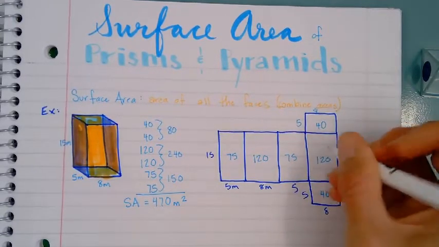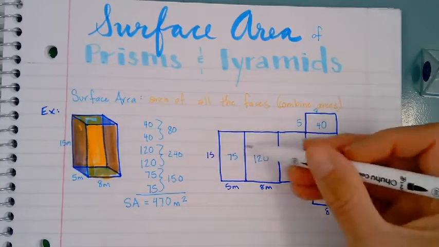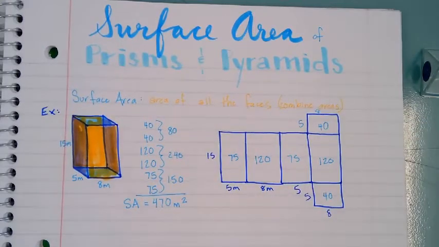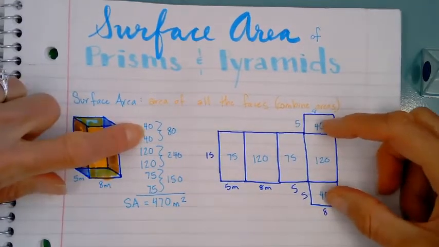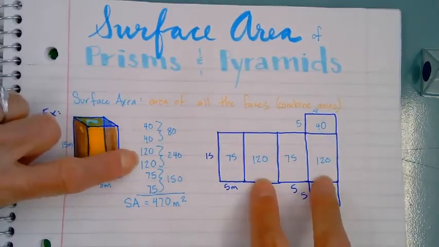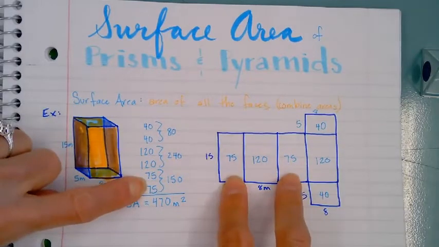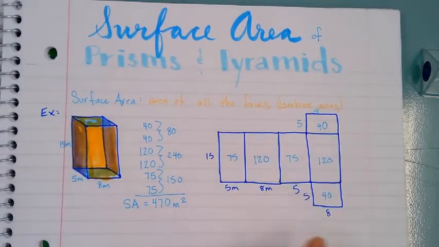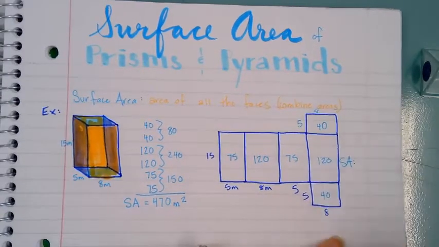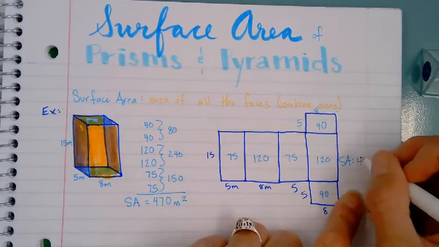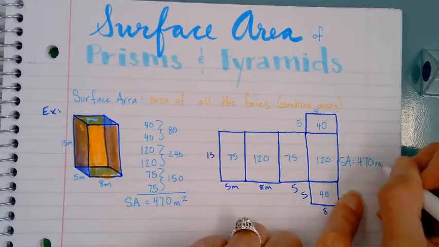So I've just found the areas of all of our rectangles, and you can see that I have the same thing. I have 2 40s, 2 120s, and 2 75s. So all together it has the same surface area because it's the same prism. So it's 470 meters squared.